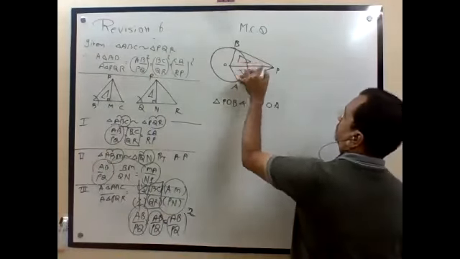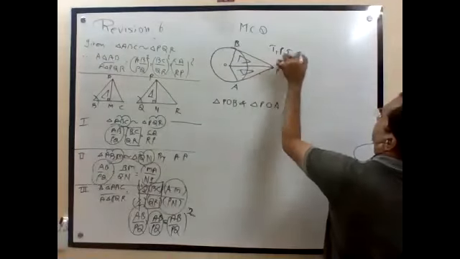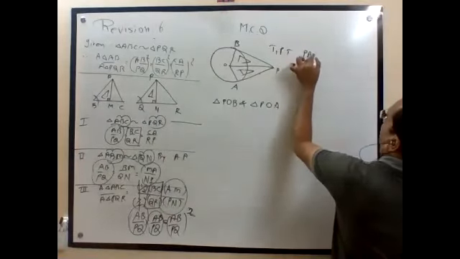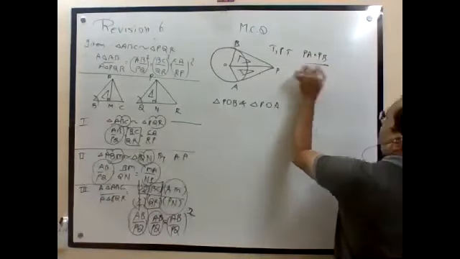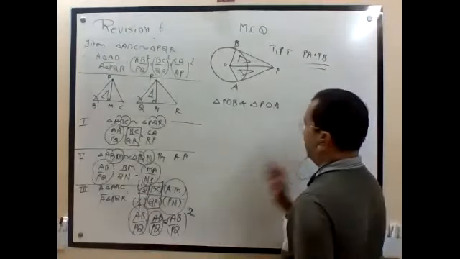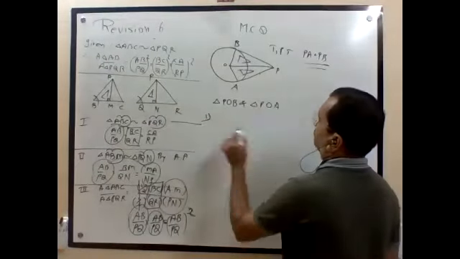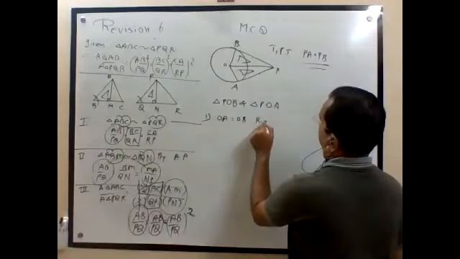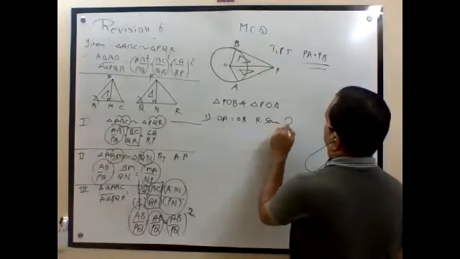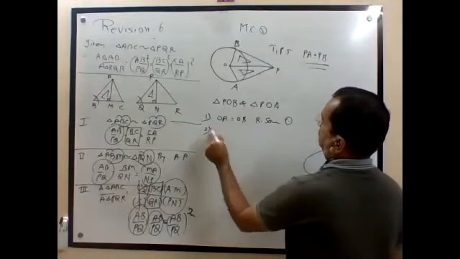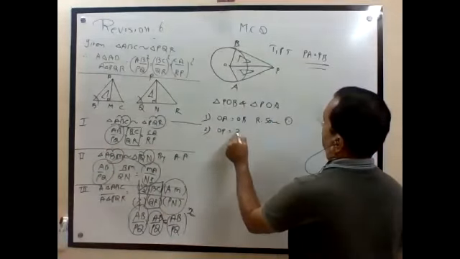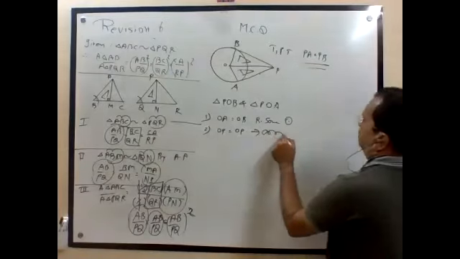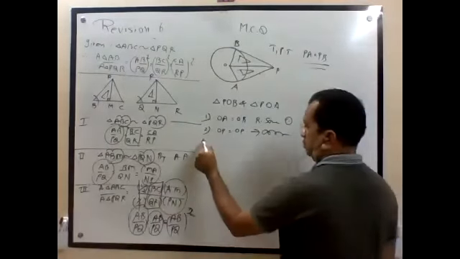We have to prove that PA is equal to PB. So that pair we can't take, don't take that pair. First pair we will take OA is equal to OB, radii of the same circle. Second, OP, OP, common.